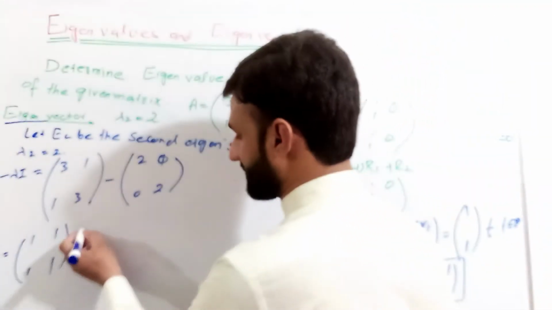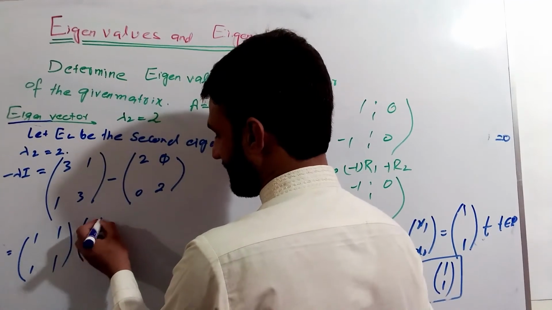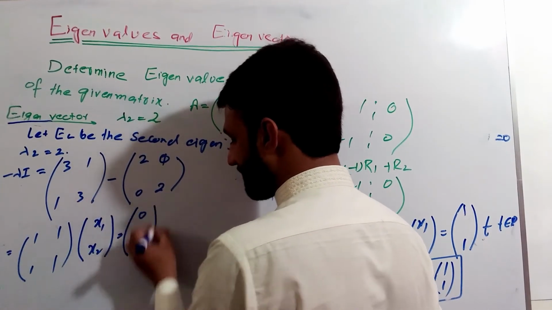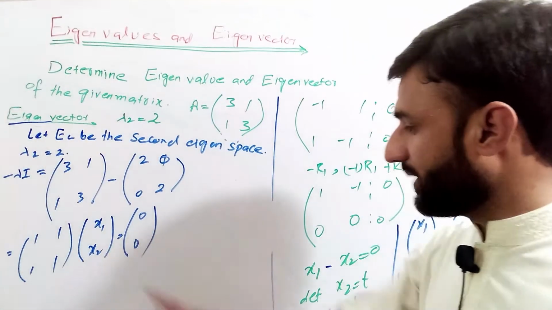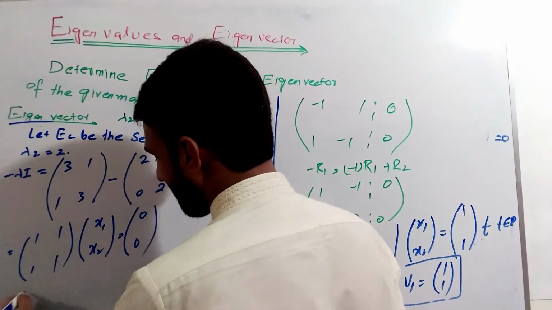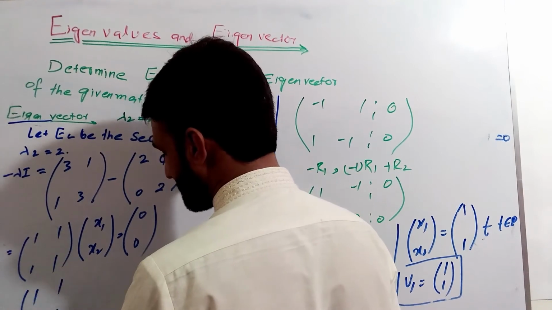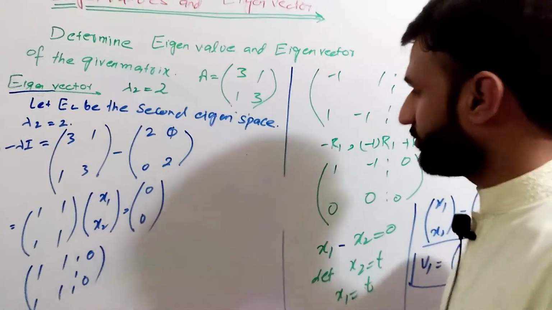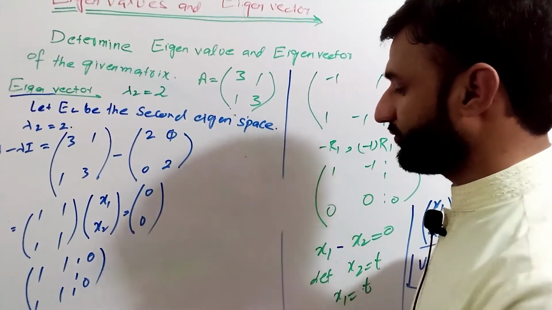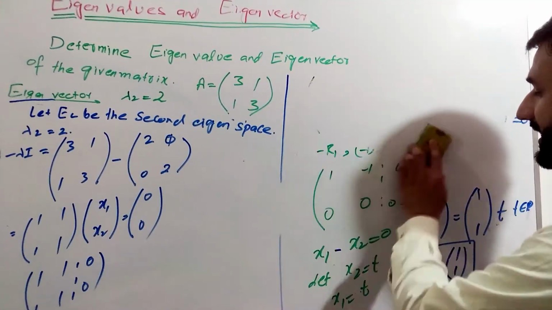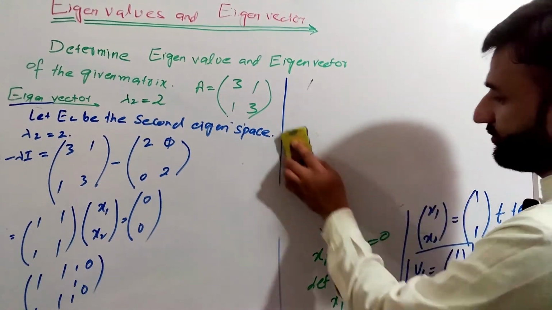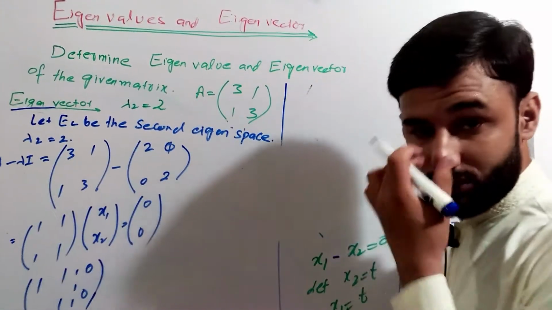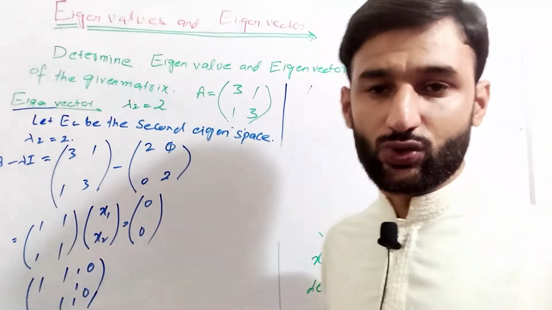Right, so by definition, this is the null space of the matrix, with x1, x2 and 0, 0. So the augmented form of the matrix is like this way, with 0, 0. We can solve this by the reduced echelon form.